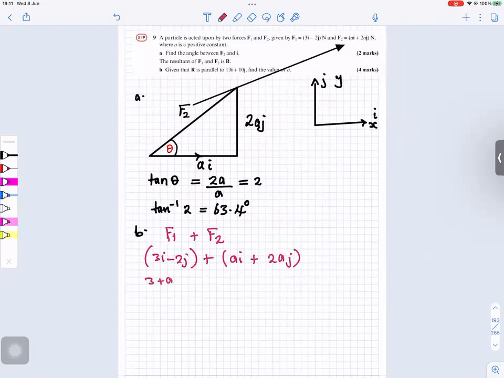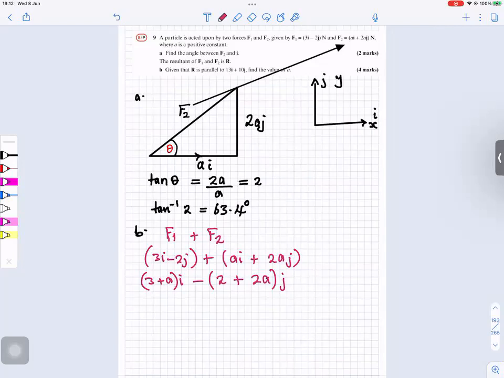So 3 plus A, put the I's together, and then minus 2 plus 2AJ, like that. And then I don't really know how to explain it after this, to be honest.